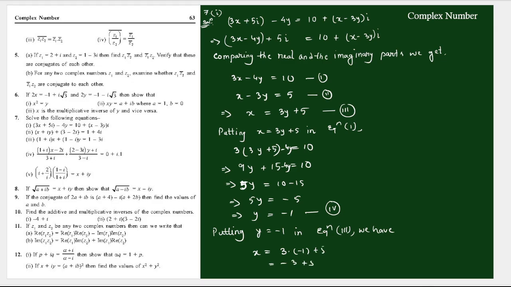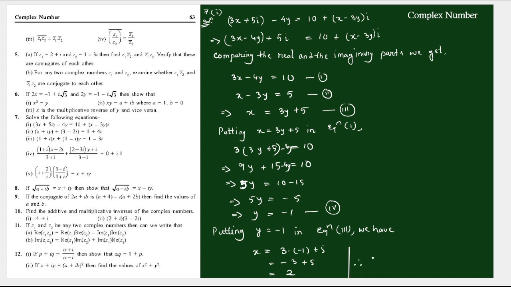Minus 3 plus 5 will be how much? 2. Therefore x equal to 2, y equal to minus 1. This is your answer. So this is how you solve the equation.